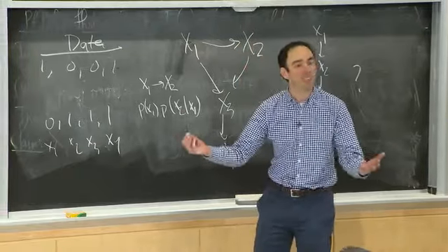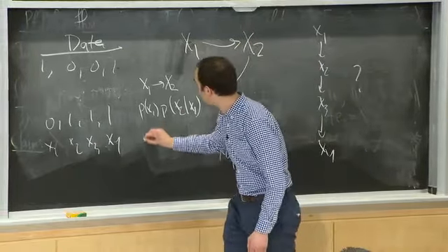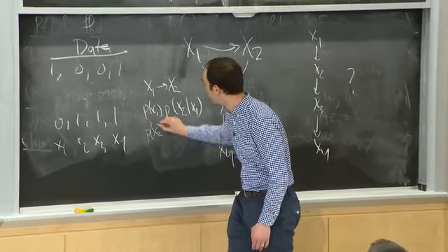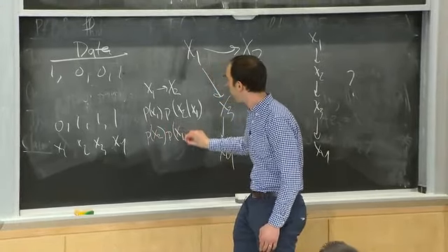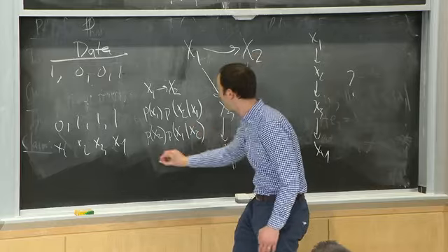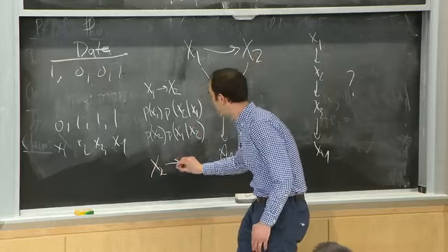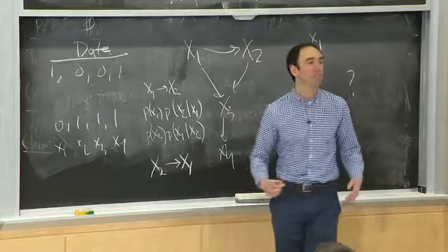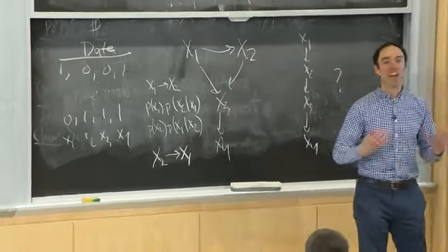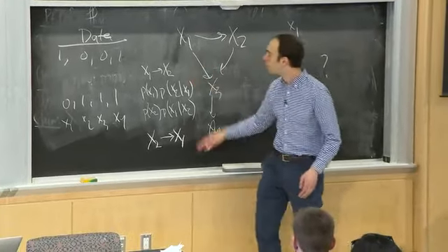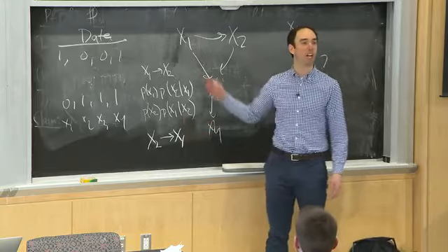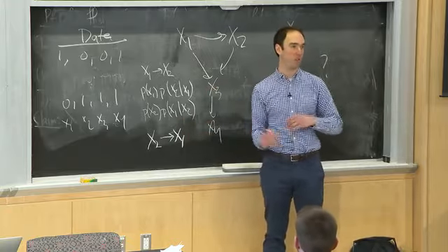Similarly, any distribution could be represented as the opposite, probability of x2 times probability of x1 given x2, which would look like this. So if you just had data involving x1 and x2, you couldn't distinguish between these 2 causal graphs: x1 causes x2 or x2 causes x1.